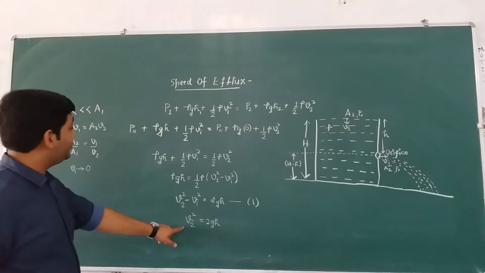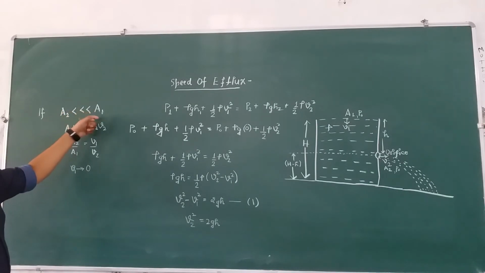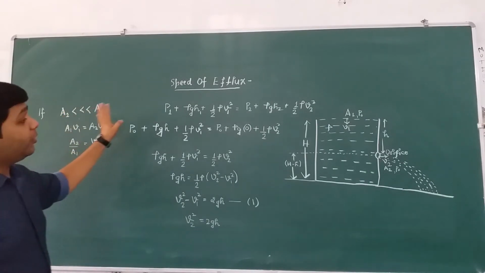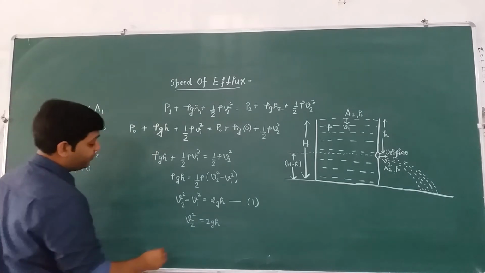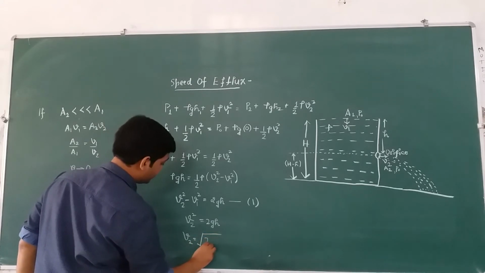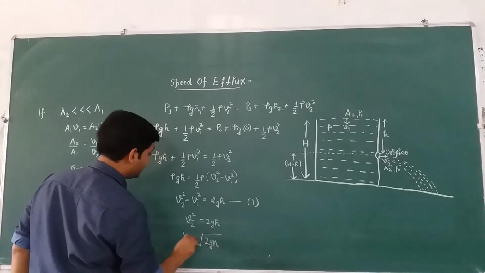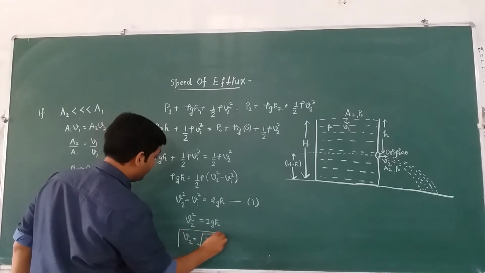Remember, this is only true if we assume that the cross-sectional area of the orifice is very small compared to the area of the container. So from here, V2 is equal to root 2 gh. This is the required expression for speed of efflux.